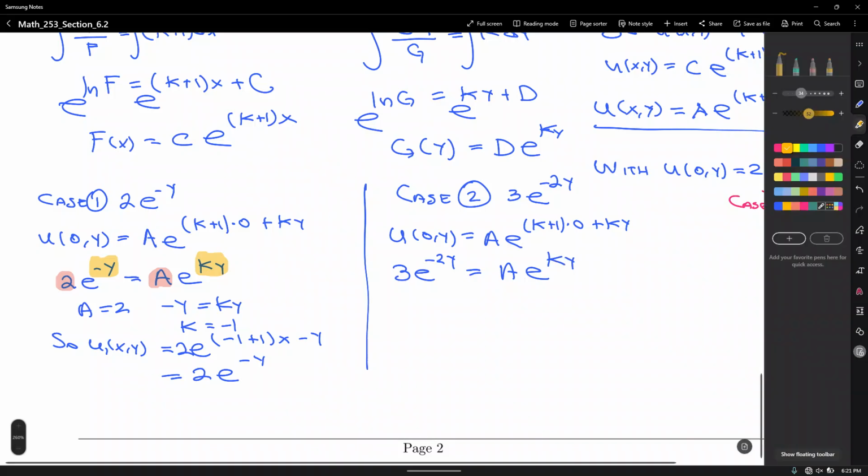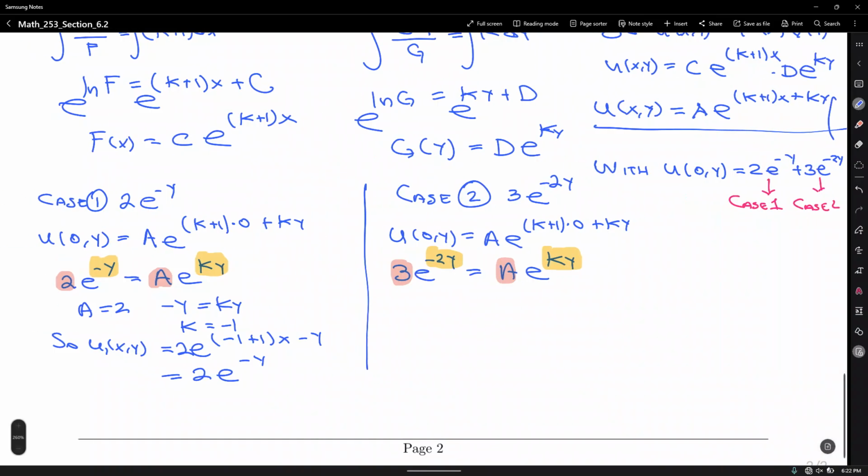Again, guys, by equating exponents, we can get the value of k, and by equating coefficients, we can find the value of a, just like we did with case 1. So a equals 3, and first of all, negative 2y equals ky. That means k equals negative 2.